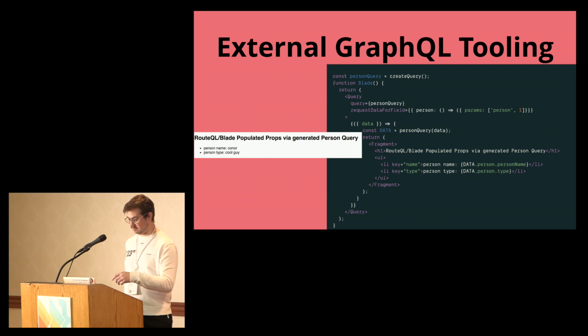That query is generated, passed in to the query argument, and I've not even written a query now. So this is using tooling that was written specifically for GraphQL using Babel, and you're able to use an entirely different library and still get the same benefits.